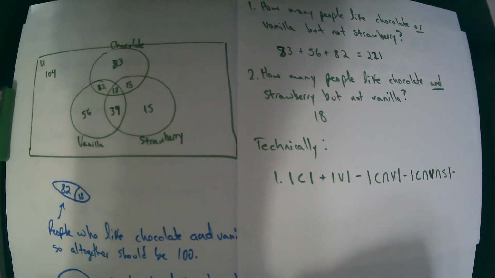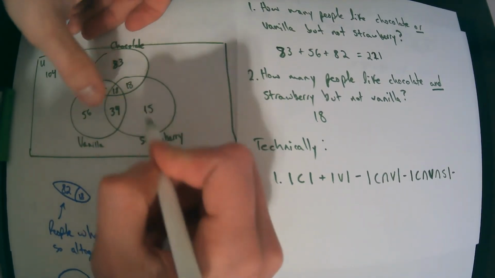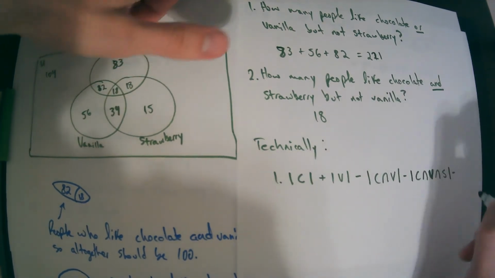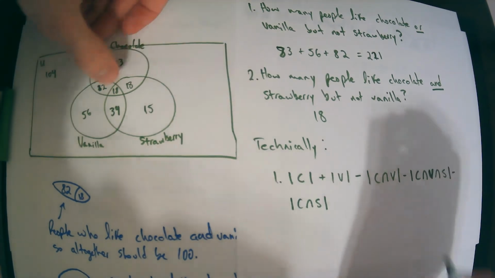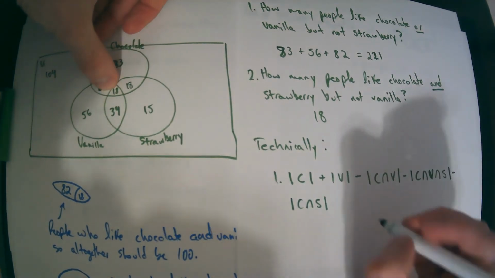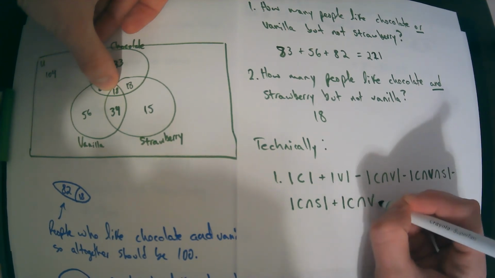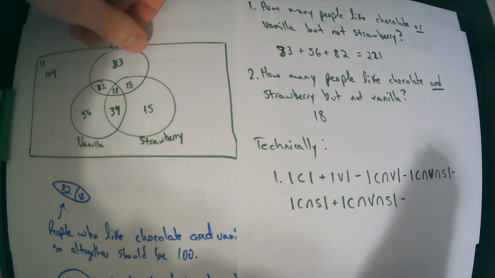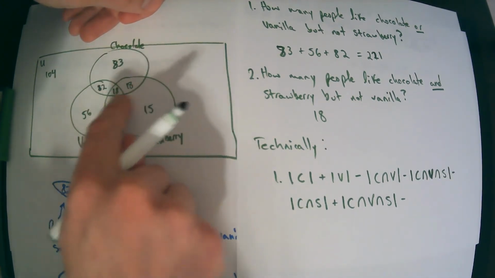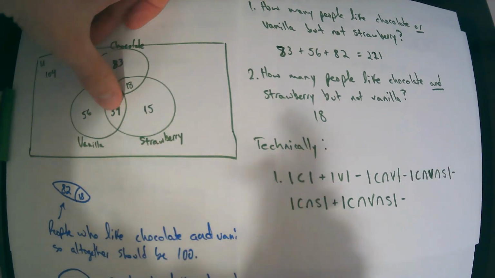Well, one way to do it is to just take out the intersection of chocolate and strawberry. So we would say minus the intersection of chocolate and strawberry. But that's removing another one of these innermost intersections, so we could add one back in, and see, this is just going to get ridiculous. Because then finally the last thing would be to remove the intersection of vanilla and strawberry, sorry, not chocolate.